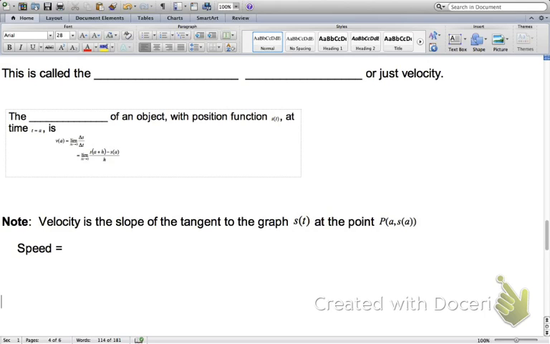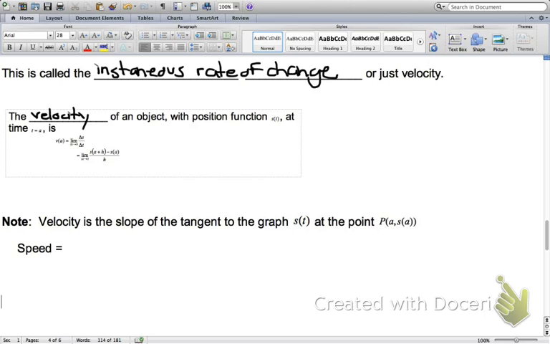So this is called the instantaneous rate of change, or just velocity. Therefore, the velocity of an object with position function s at t, at time t equals a, is equal to the limit of our change in position over our change in time.